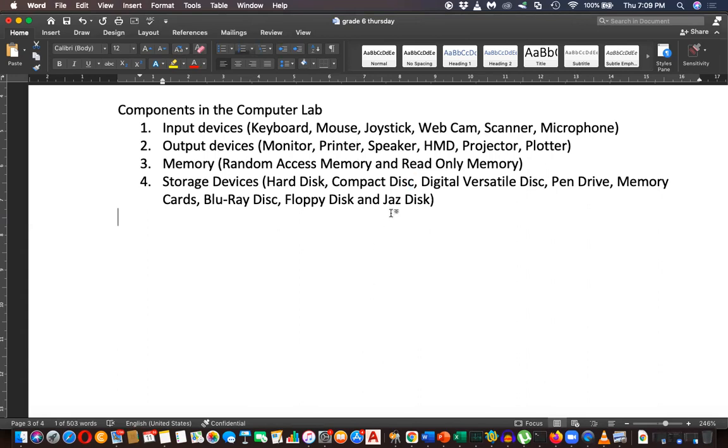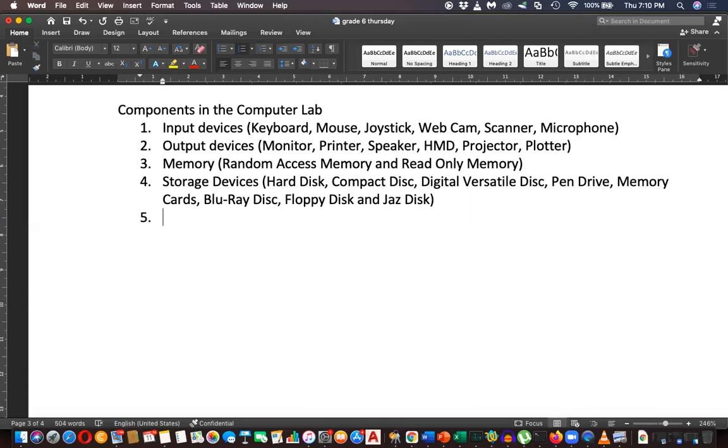For hard disk, floppy disk, jazz disk, zip disk, the K is used because those are magnetic. If it is optical, C is used. So there's a minor difference of K and C. Please write down the correct word. Here I have given the correct one.